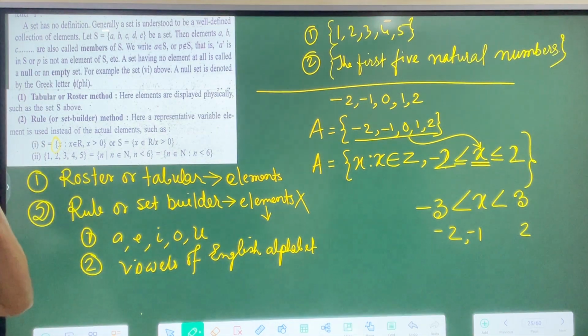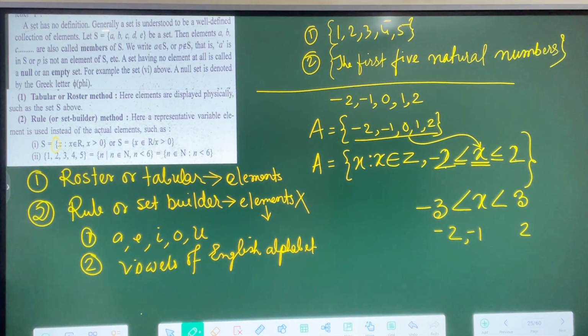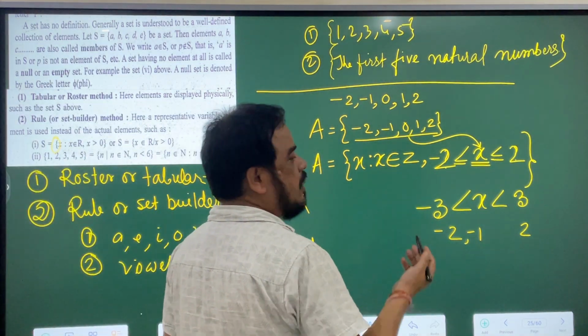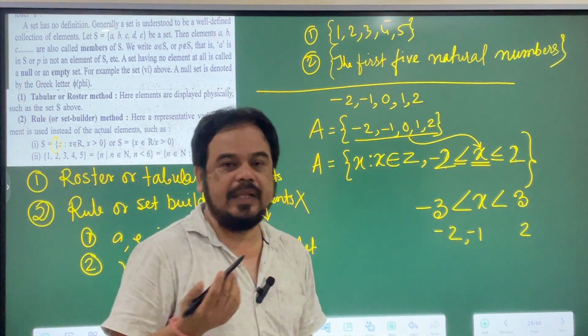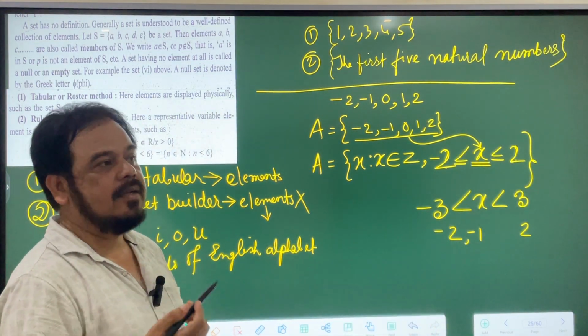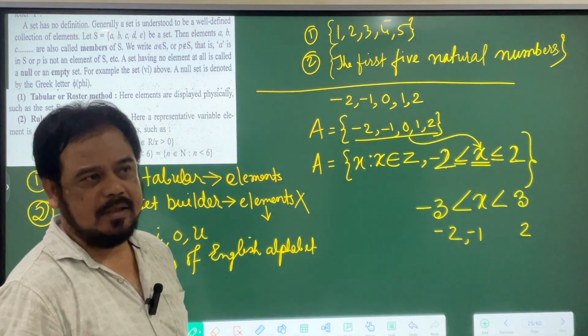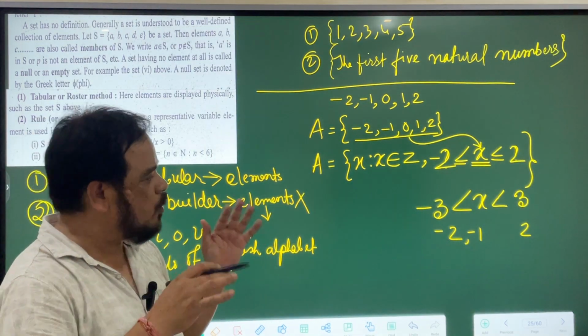Sometimes there are so many elements that we cannot write all of them together. Suppose there is the set of natural numbers less than 100. That means 1 to 99, we cannot write all of it. It will take so much space and so much time.